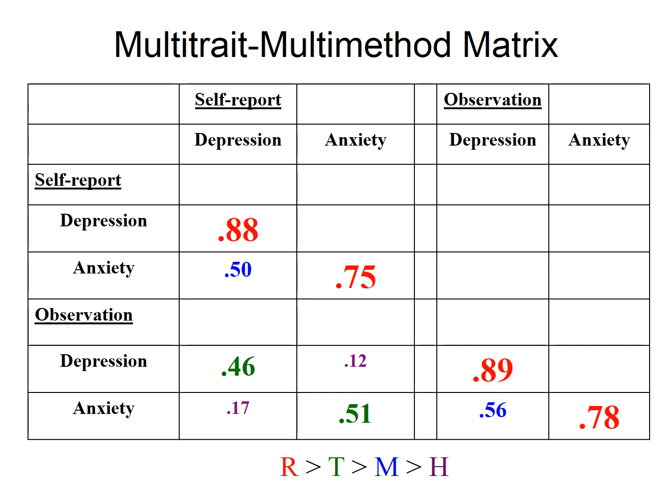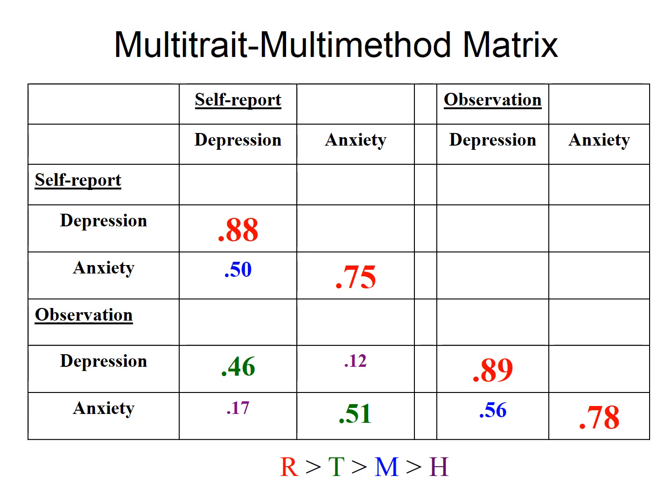So in this case, the red boxes are still the highest. So the very lowest red box is 0.75, and that's still higher than the other boxes. But when we look at trait, 0.46 and 0.51, that's actually lower than the method variance, which means the type of method you use, self-report, is more related to itself than the actual constructs.